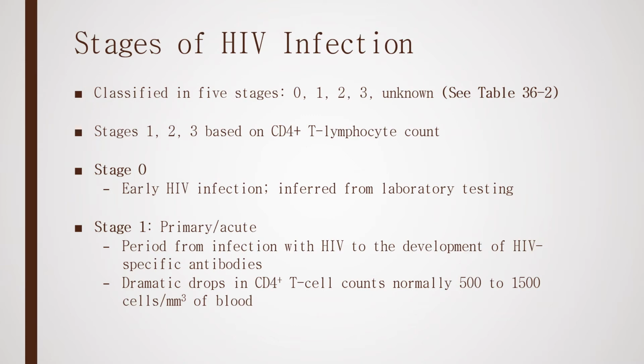After 2 to 3 weeks, antibodies to the glycoproteins of the HIV envelope can be detected in the serum of people infected with HIV.